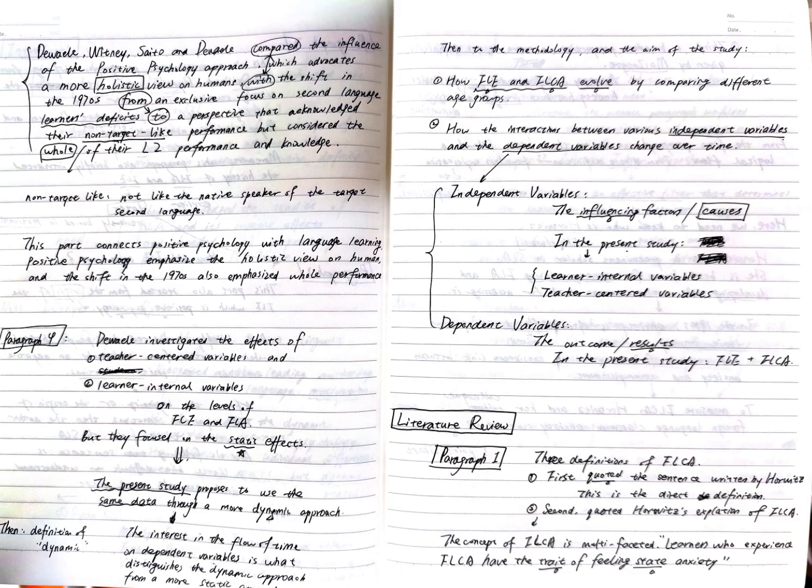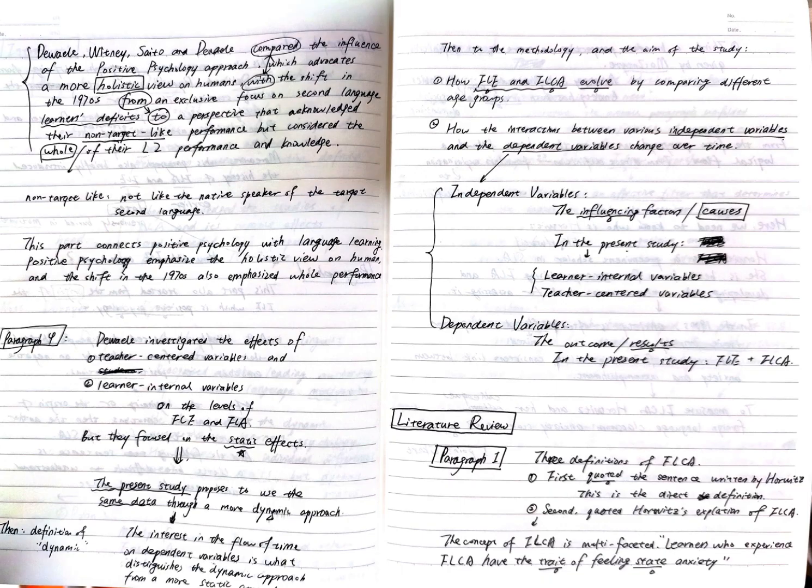So as you can see here, this kind of definition is not merely about introducing FLCA, but it serves as a way which lays a foundation for their essays, because in their essays they discussed different variables which are related to FLCA and FLE.